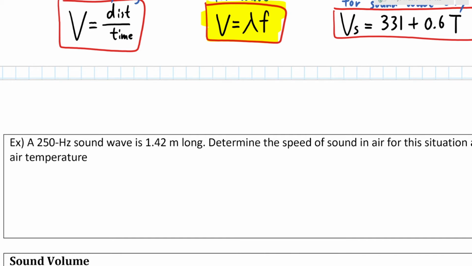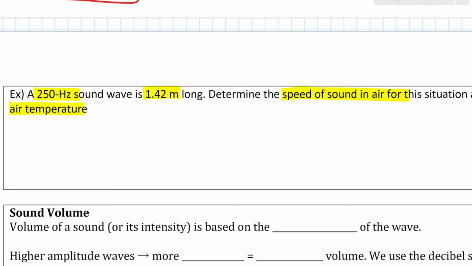Okay, so this question is asking for two things. A 250 Hz sound wave is 1.42 meters long. Determine the speed of the sound in the air and also what is the air temperature of that day. Okay, first, 250 Hz is a frequency, 1.42 meter is a wavelength.